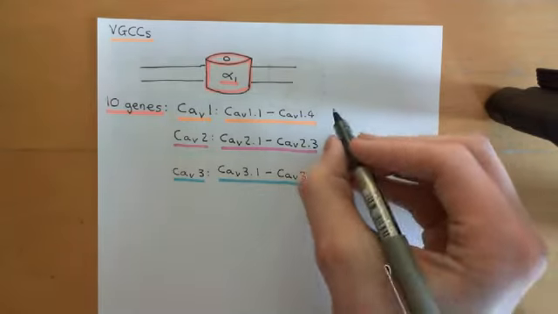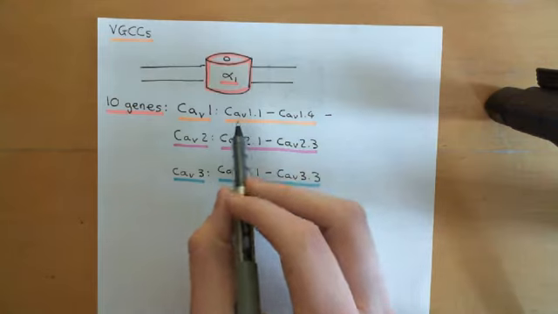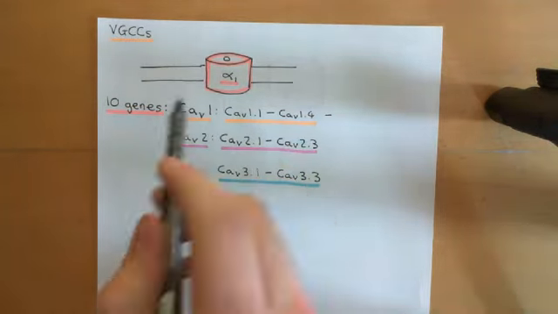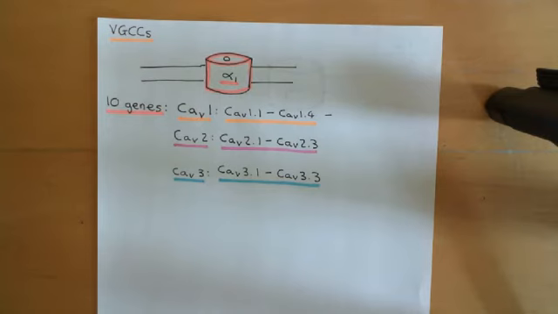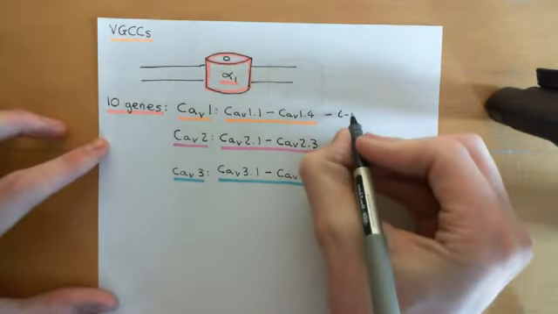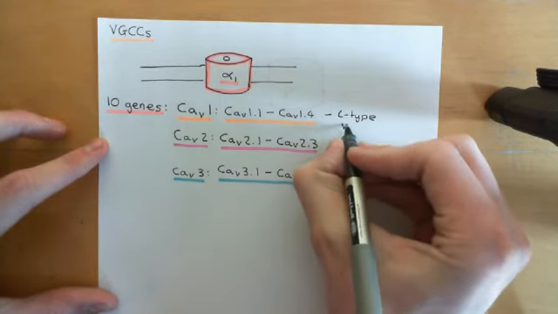So basically, if you use one of these genes in the CAV1 family to produce your alpha-1 subunit that you're going to use in your voltage-gated calcium channel, then your voltage-gated calcium channel will be what's known as an L-type voltage-gated calcium channel.